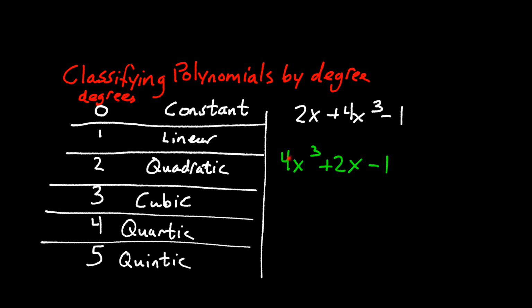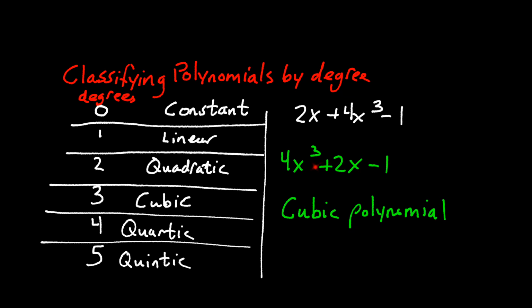What is the degree of this polynomial? It is a degree of 3, which means that it is cubic. So we could call this a cubic polynomial. Or, if we wanted to be just a little bit more specific, this polynomial has 3 terms in it. 4x cubed, 2x, minus 1.